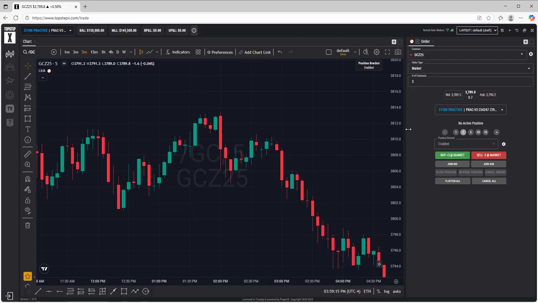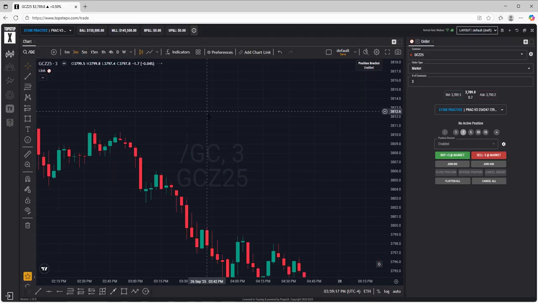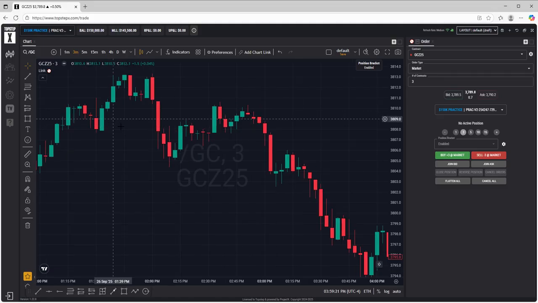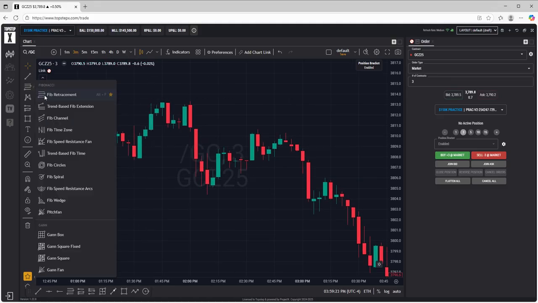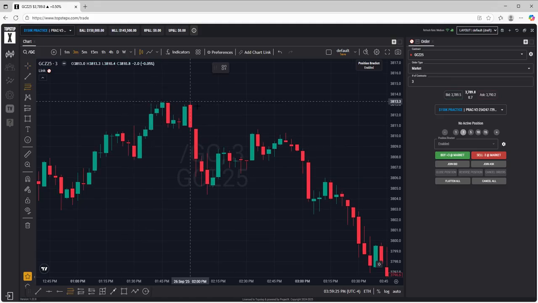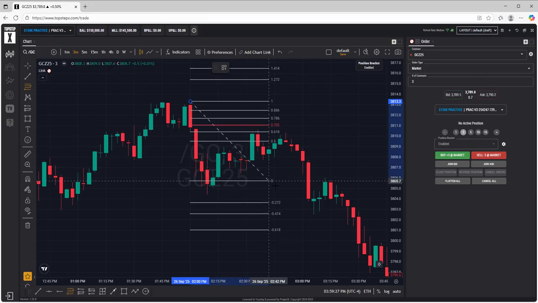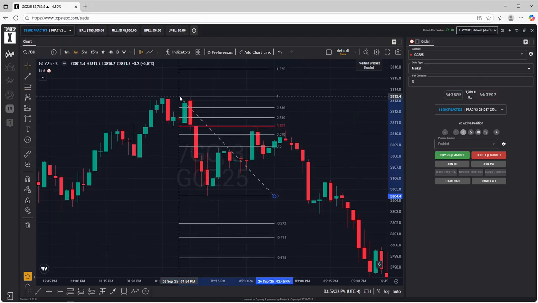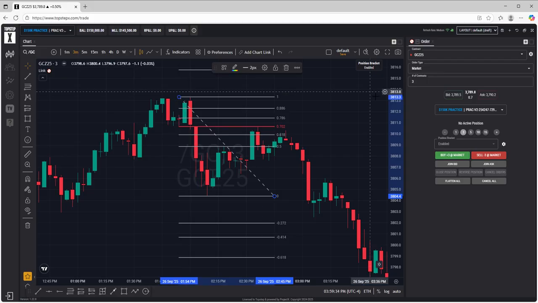All right, so we have another setup right here. Previous high, newest low, boom. Y'all see here, price made a new low. We were making highs.